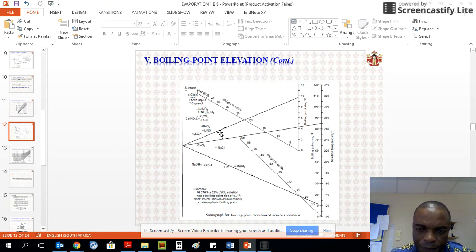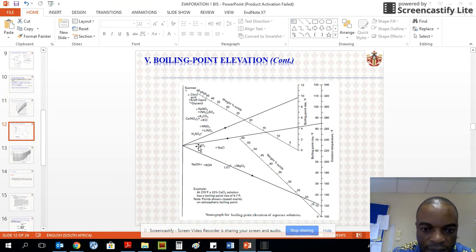In the same manner as previously, you have to determine the boiling point of the pure component. For example, the boiling point of pure water at a certain pressure is 270 degrees Fahrenheit.